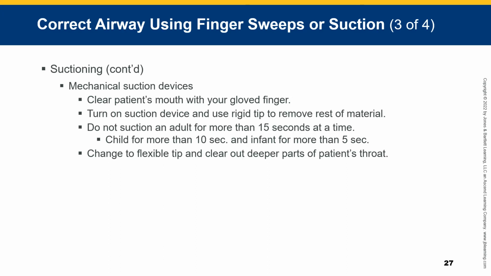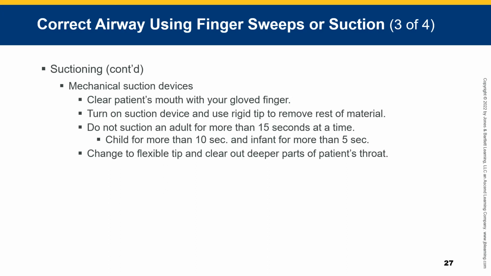Do not suction an adult for more than 15 seconds at a time, for a child no more than 10 seconds, and for an infant no more than 5 seconds, because suction also draws air out of the patient's airway.